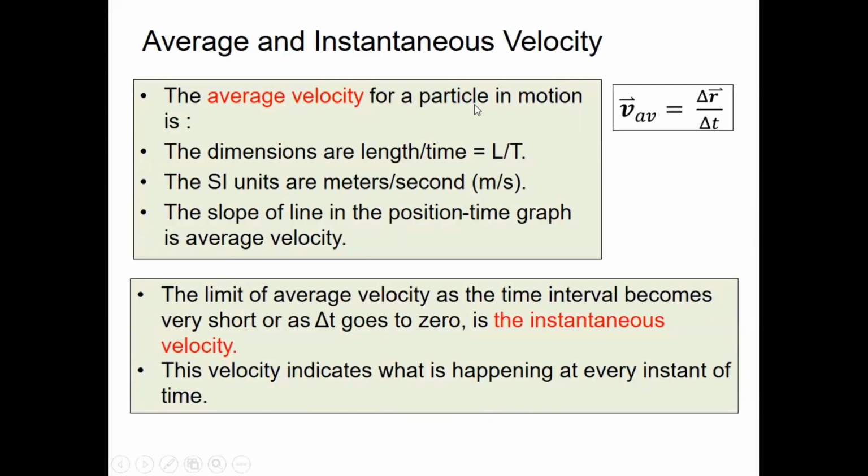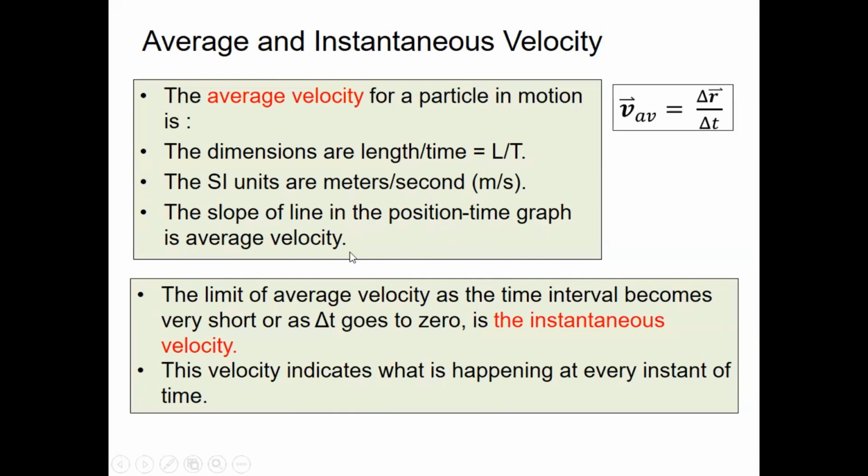The average velocity of the particle in motion is basically delta r over delta t, and it has the dimensions of length divided by time. And the standard international units are, for this case, meters per second, because the length is in meters and the time in seconds. The slope of this line on a position time graph is basically the average velocity.